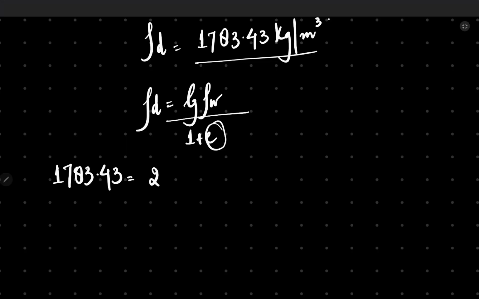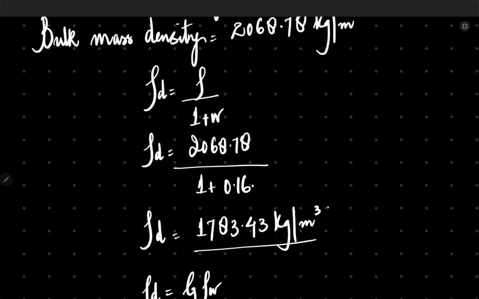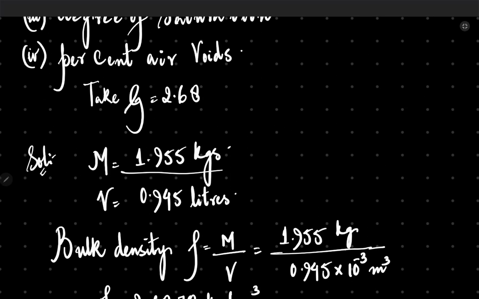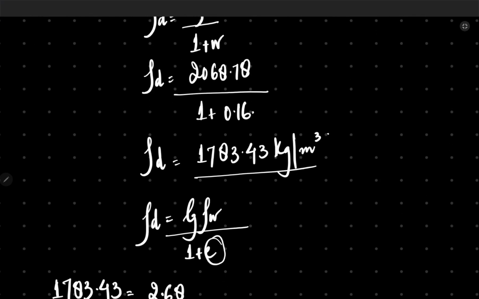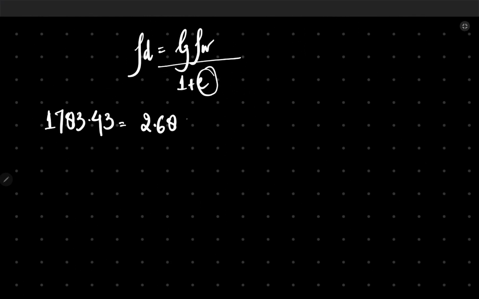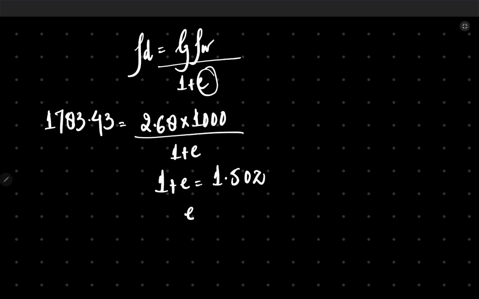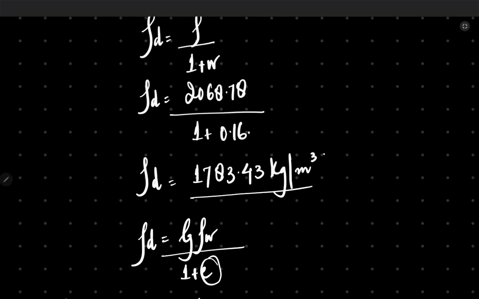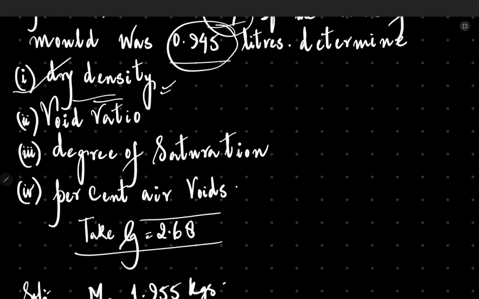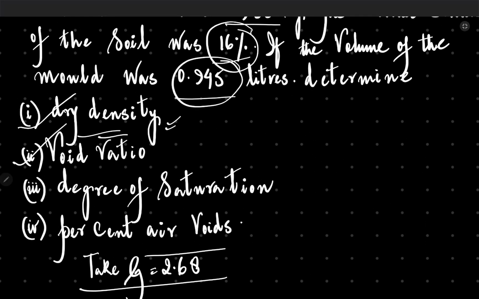G is 2.68 as per the question, multiplied by density of water 1000 kgs per cubic meter, divided by 1 plus e. Upon calculations, this is 1.502. So e is 0.502. Void ratio has been calculated, 0.502. That means parameter number 2 has been calculated.